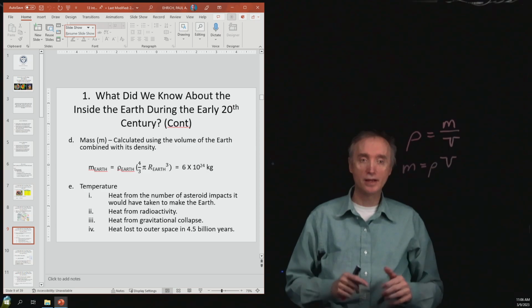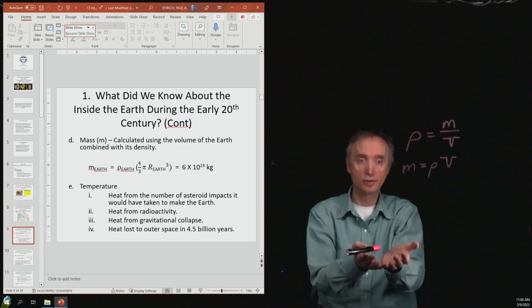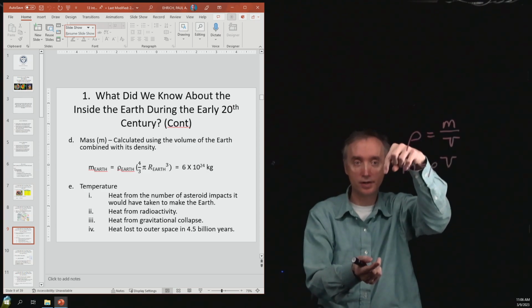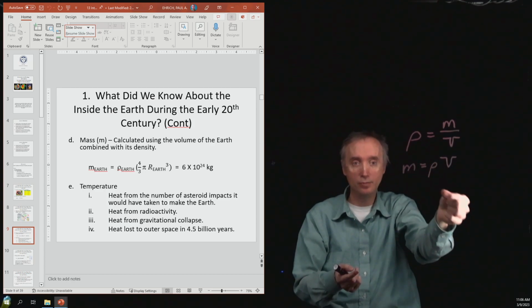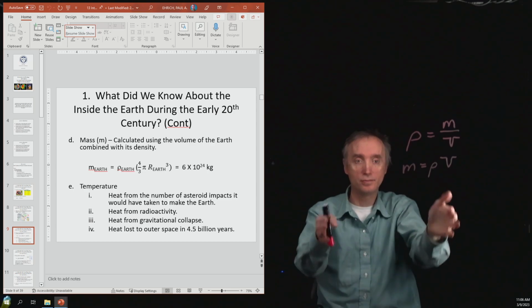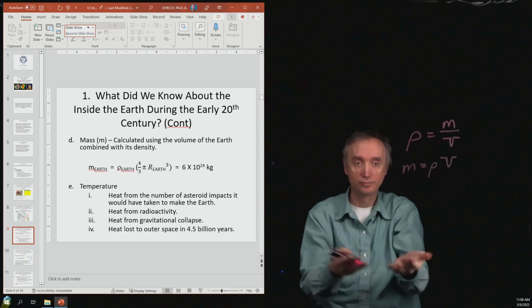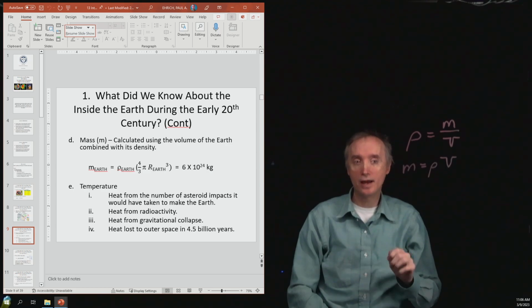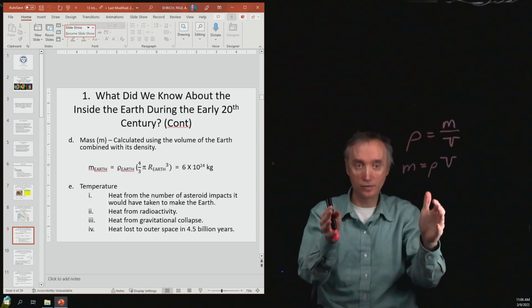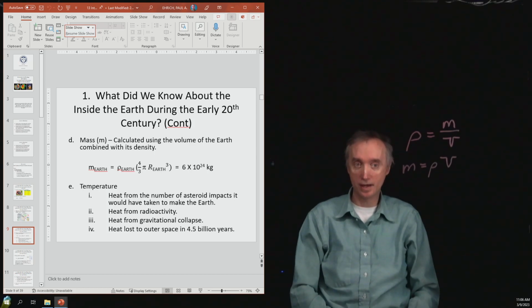So if you can imagine taking a globe, your typical globe, drilling a hole in the top of it, and then putting a BB into it, how many BBs do you think it would take to make up that globe? 10,000? Okay. So imagine how many asteroid collisions it took to build up the Earth to what it is today.